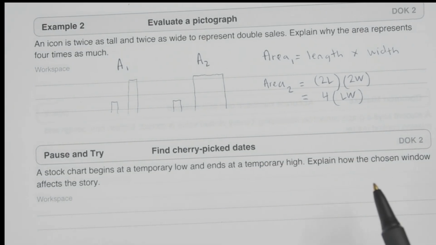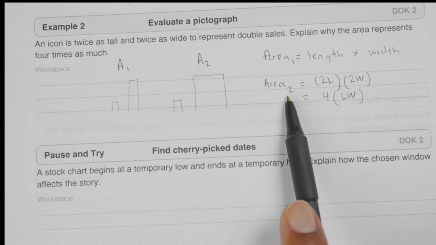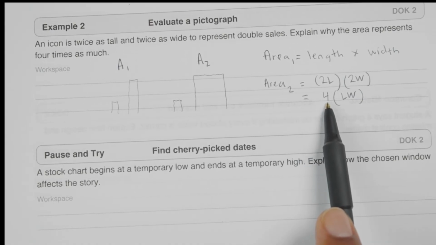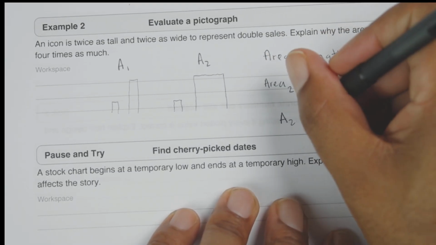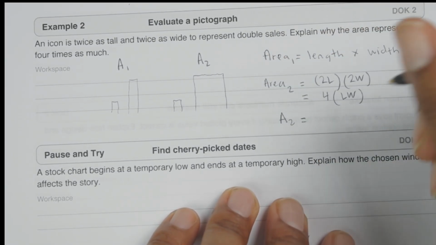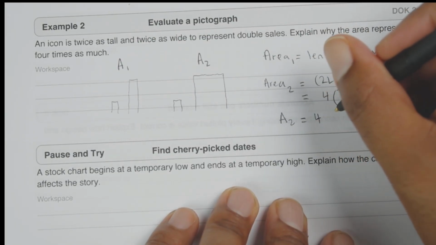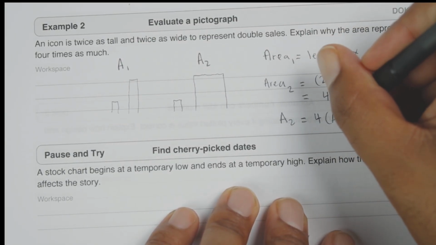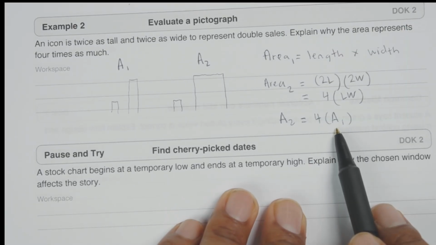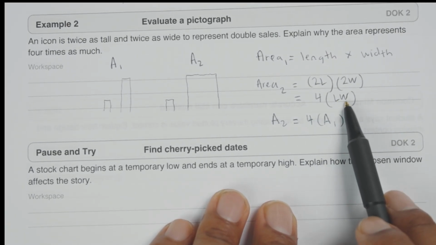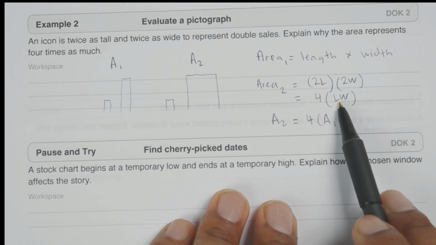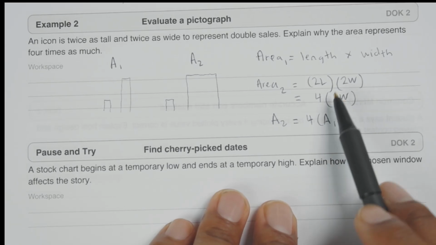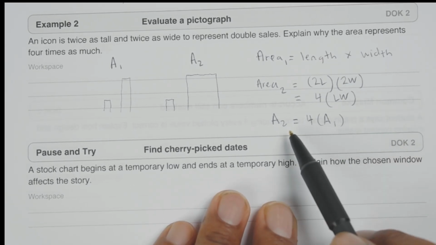So therefore, we would say that the second area is equal to 4 times the area of the first one. Because remember, the first one is just length times width, so I'm just replacing A1 with LW because that's essentially what it is, right?